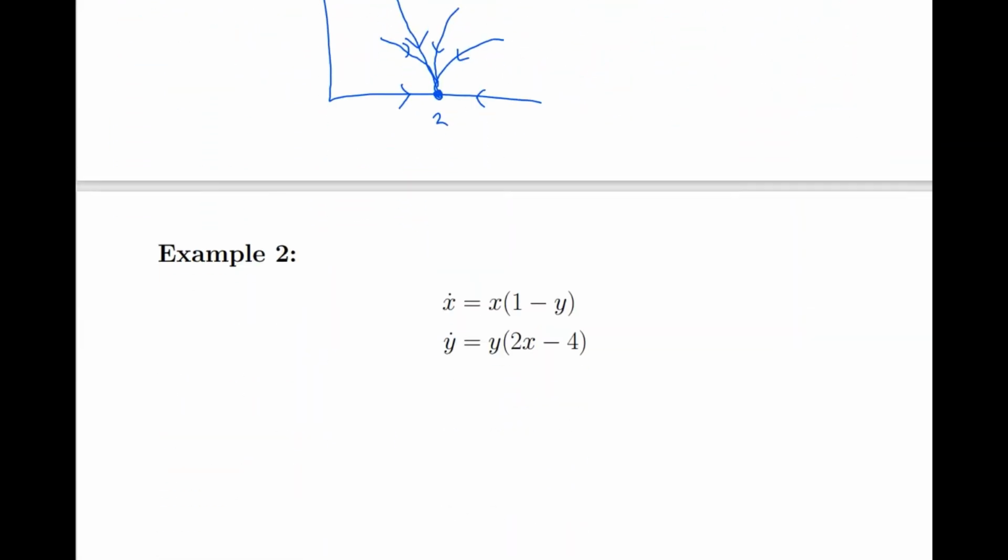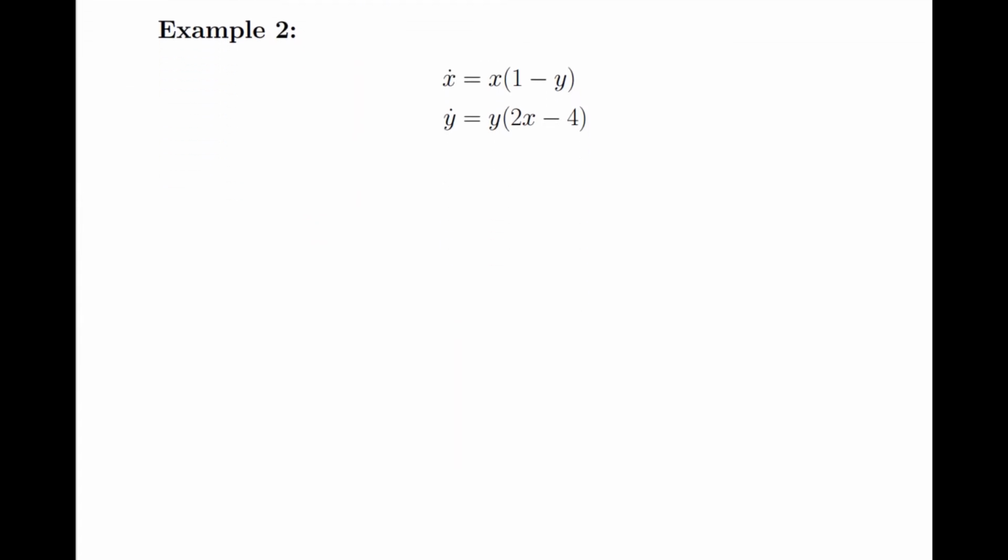Okay, let's try it again. Second example. Let's see how far the methods that we've done so far can take us to understand this nonlinear planar system. First, I'm going to find the fixed points. From the first equation, x equals 0 or y equals 1.